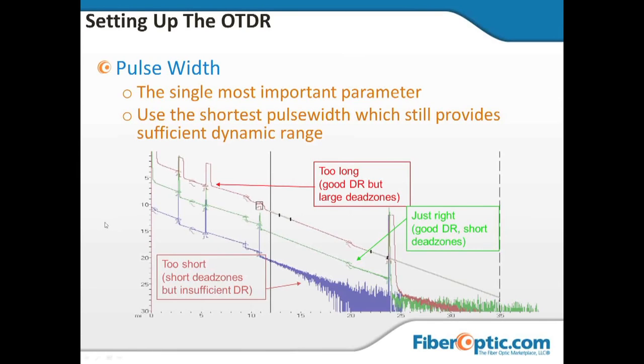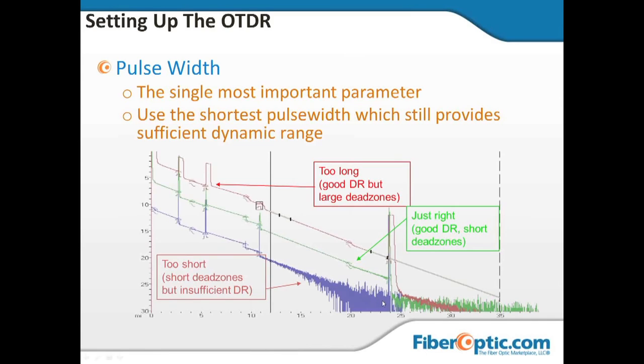The problem is, we would, of course, say, well, if I need all that detail, I can go with a really short pulse width, like this, like on the blue line. The problem is that also affects your dynamic range. If you go to a really narrow pulse width, you've got a really low launch level, and you don't quite always make it to the end.